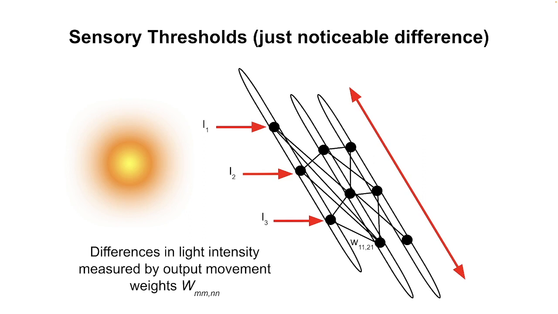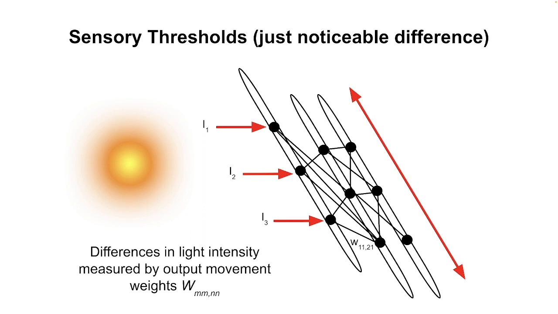And we expect that there are these sensory thresholds where the light is intense enough to trigger a change. Sometimes light will be normal, or it will be not noticeably different from normal. So it might fluctuate a little bit, but it might not affect the movement that much. But sometimes it's going to be above that noticeable difference threshold and affect the information processing network.